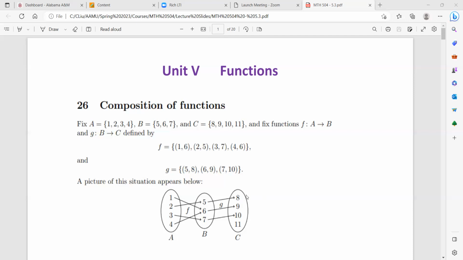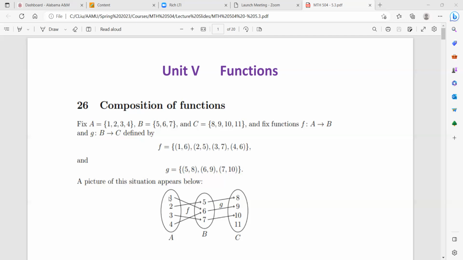So it will make a lot more sense if you draw the diagram of arrows from set to set of these 2 functions.